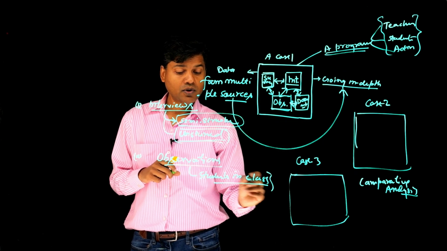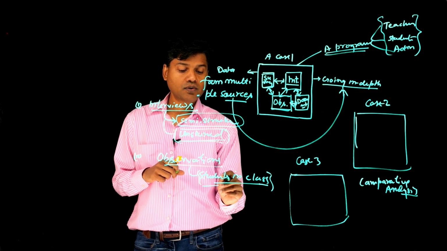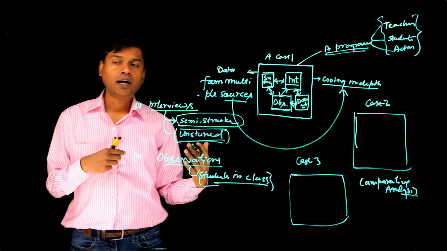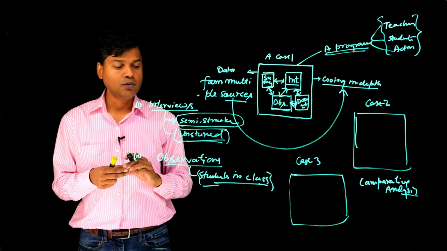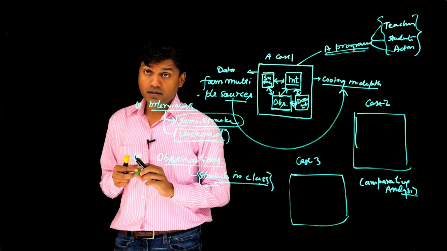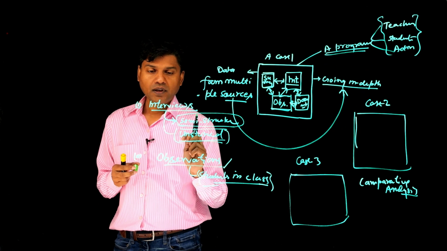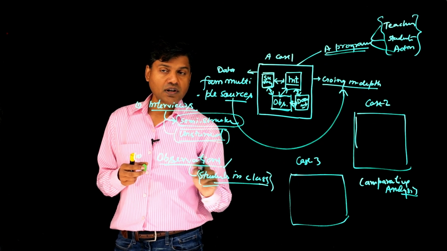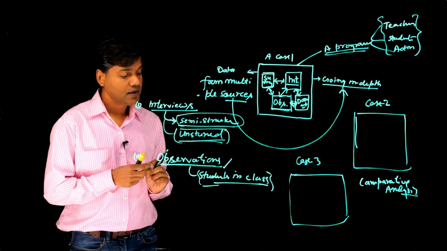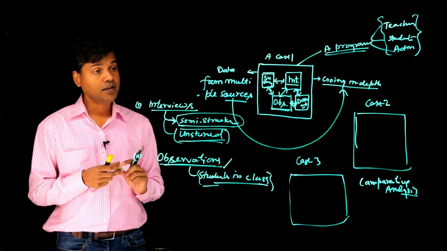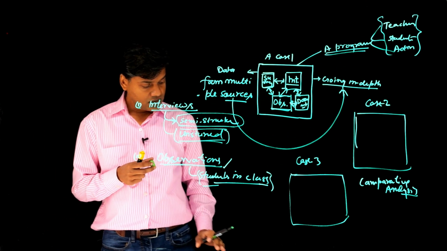So I can note down my observations: students' behavior, how they conduct themselves in the class, how they are asking questions, how engaged they are in the program. So all these observations I can use. So interviews and observations are very popular methods of data collection in case study research design.